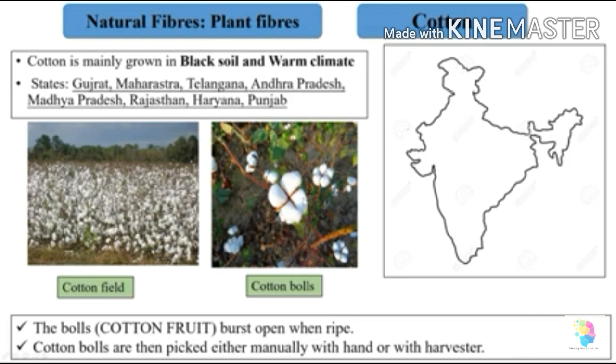Remember carefully that cotton plants easily grow in black soil because it is rich in these nutrients. In India, the main cotton producing states are Gujarat, Maharashtra, Andhra Pradesh and Haryana.